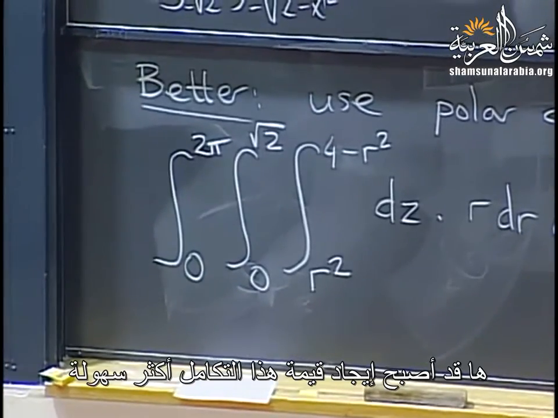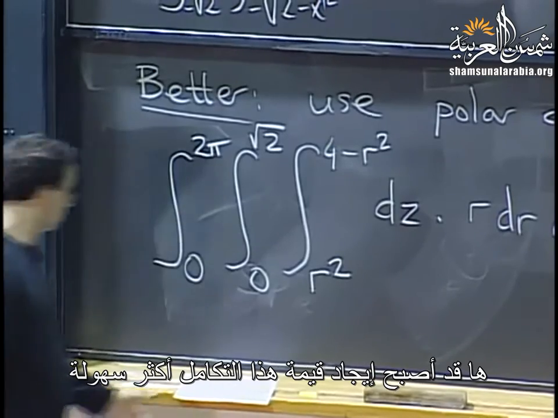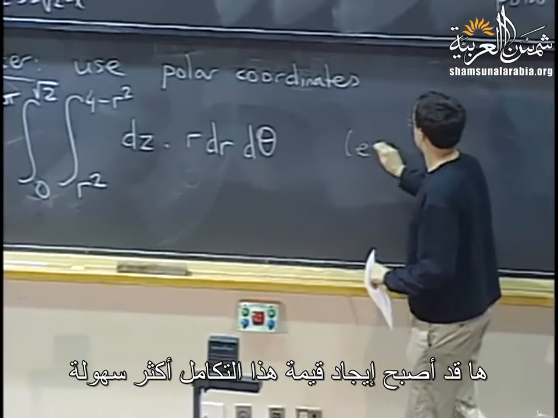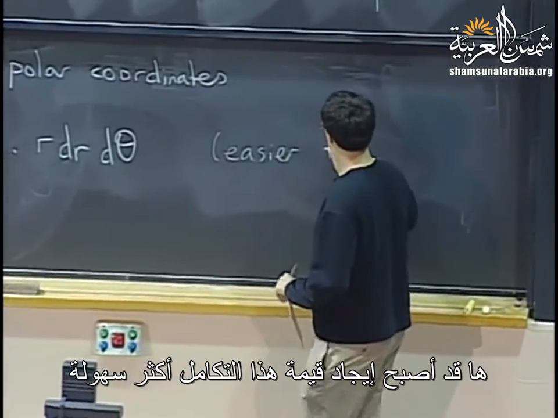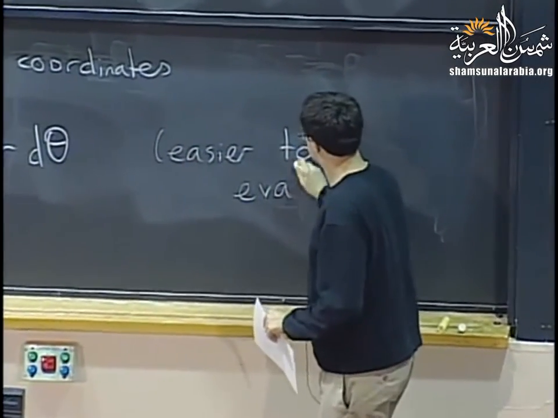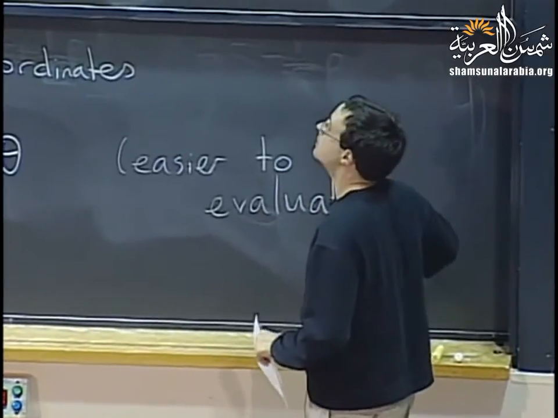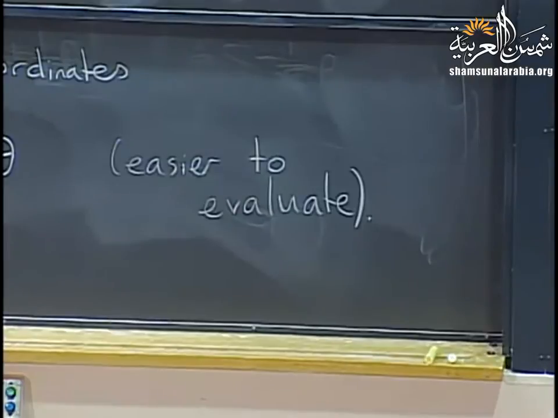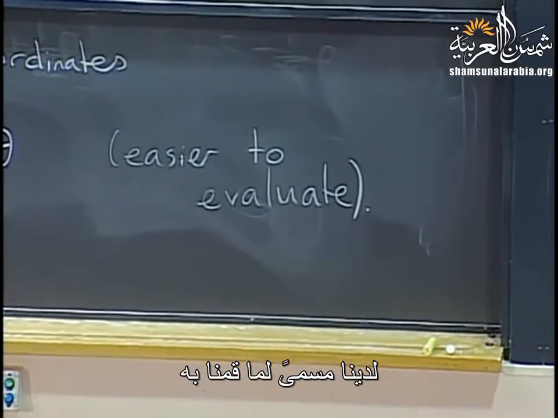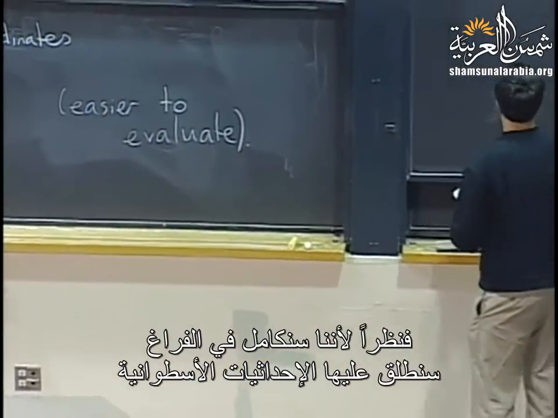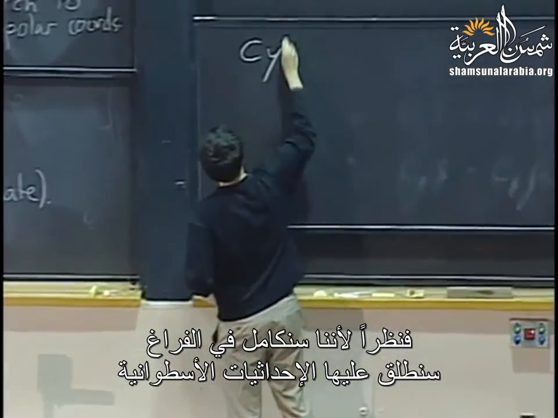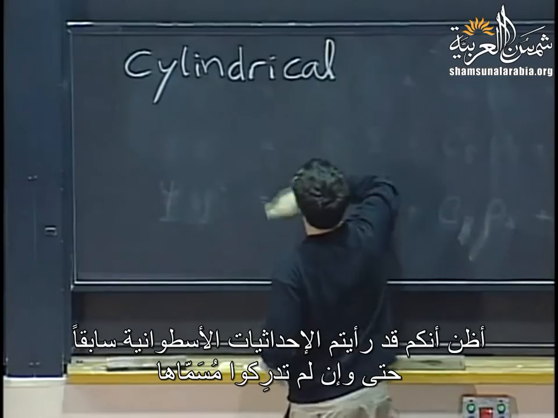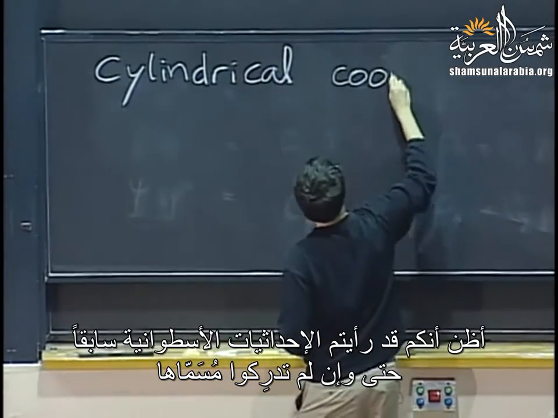And now it becomes actually easier to evaluate. So now we have actually a name for this because we're doing it in space. These are called cylindrical coordinates.